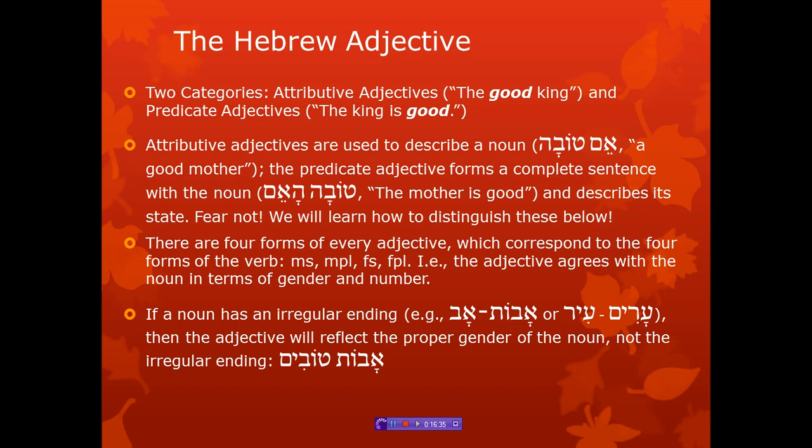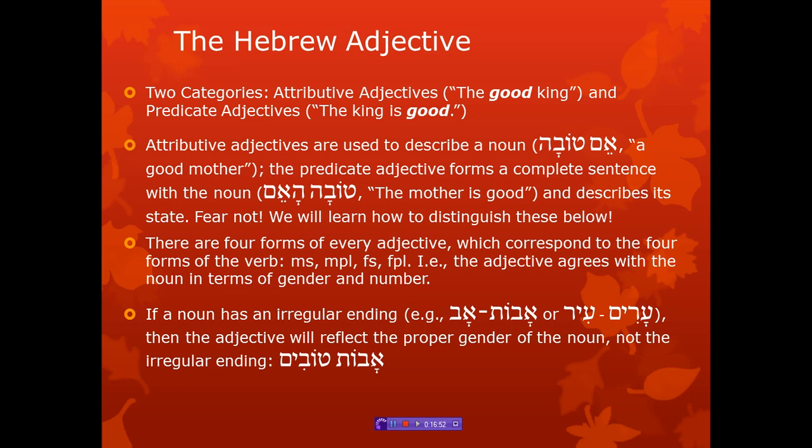If you find a noun with an irregular ending like av, which in the plural is avot, or ir, which is the word for city, so it's feminine, but its ending is arim, the adjective will reflect the actual gender of the noun, not the irregular ending.